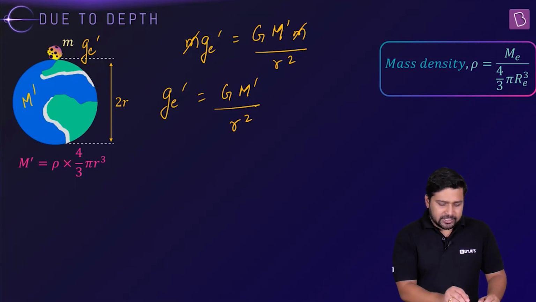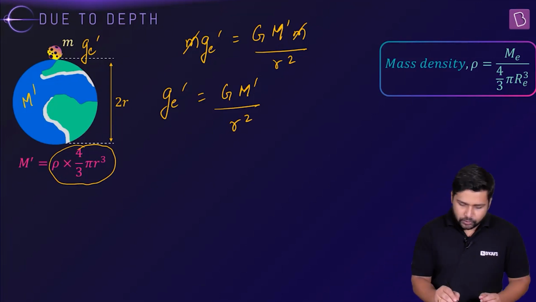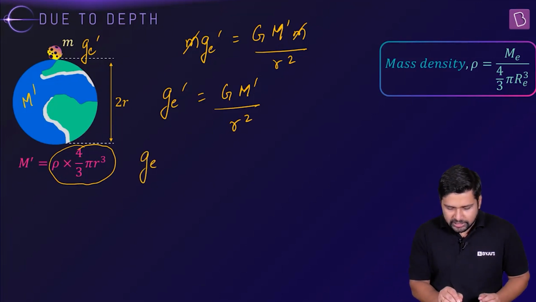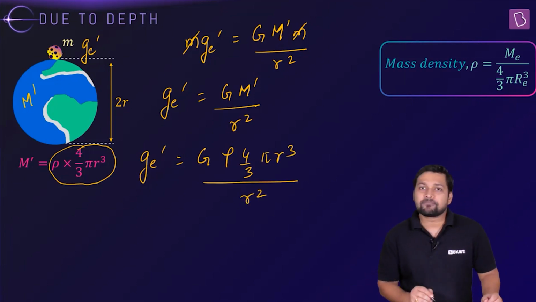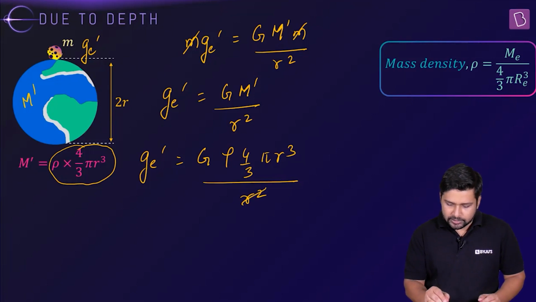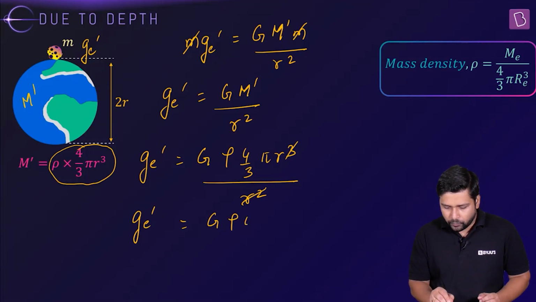Now this M dash we can replace in the form of rho. So g dash is equal to G times rho times 4/3 pi r cubed, divided by r squared. This r squared cancels, so you have g dash is equal to G times rho times 4/3 pi r.